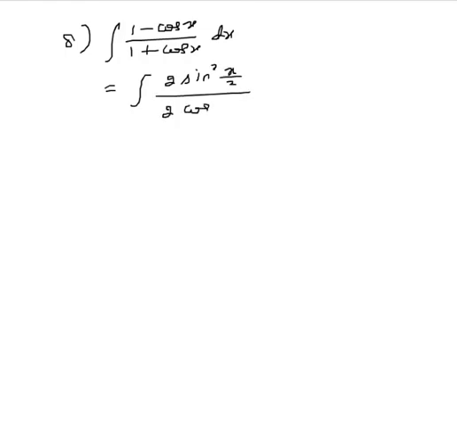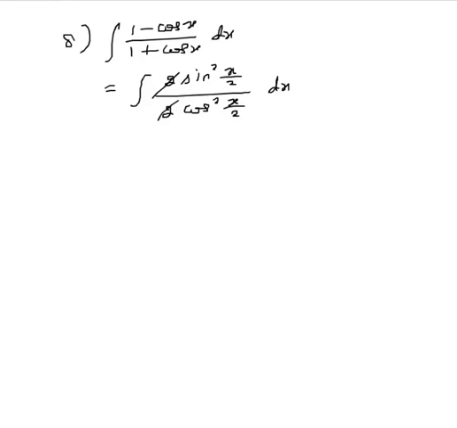Question number 8. 1 minus cos x divided by 1 plus cos x. Wherever you see 1 minus cos and 1 plus cos, use the identities. 1 minus cos is 2 sine square half of the angle, x by 2, and the 1 plus cos formula is 2 cos square x by 2.